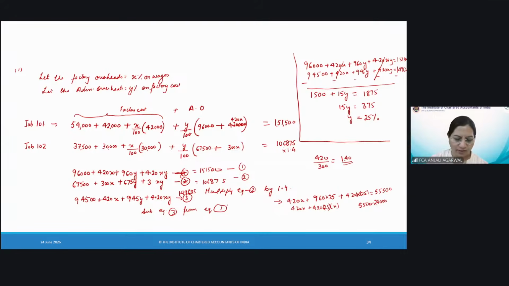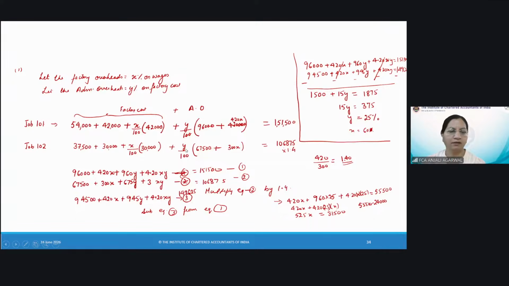So this becomes 420 plus 105, 525x is equal to 31,500, and 31,500 divided by 525 will give you x is 60%. So you have 60% on wages and 25% on factory cost.